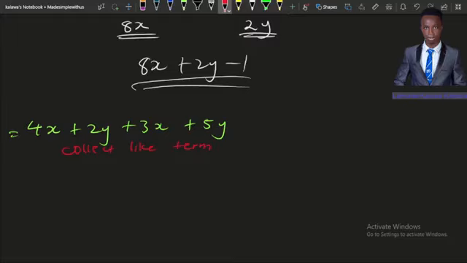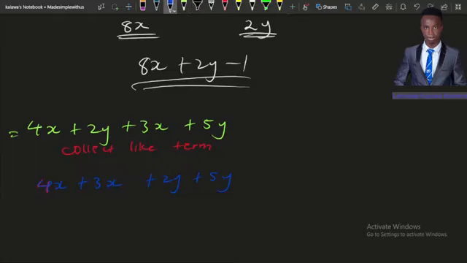So let's collect the like term here. So we can see that we have here 4x, and let me change this color, 4x and then plus 3x. Their like term we also have plus 2y plus 5y. These are also like term. So what we do, we take one of the variable and add the two coefficients. So the two coefficients here are what?